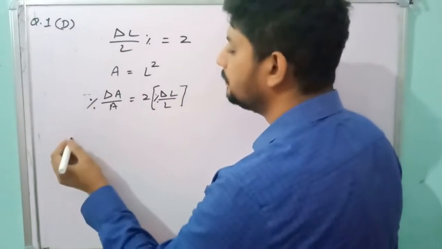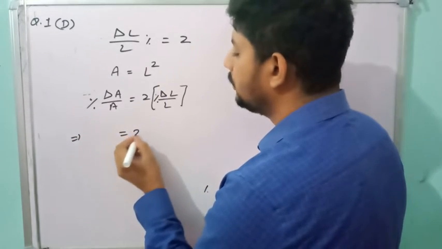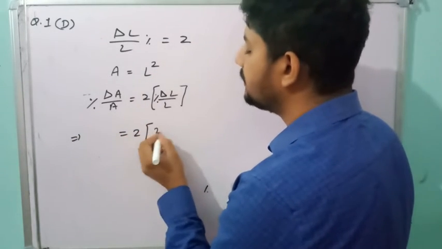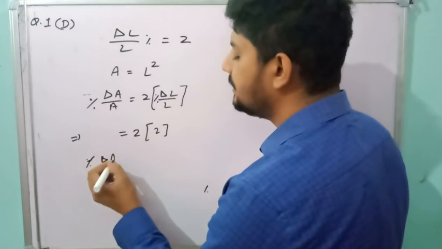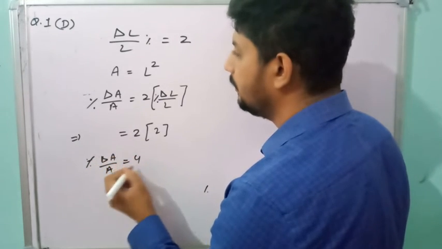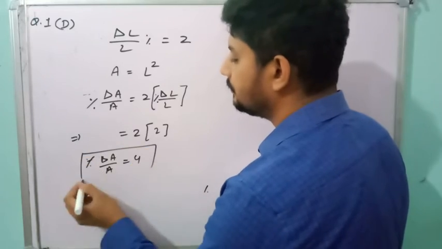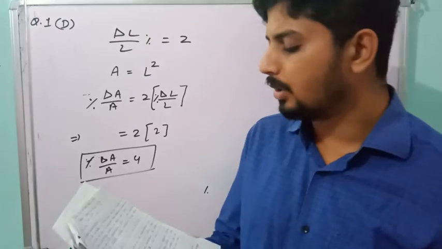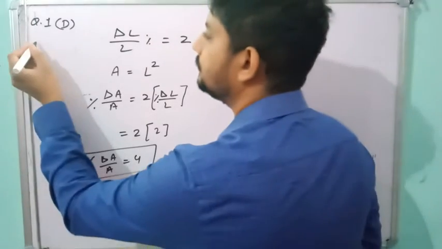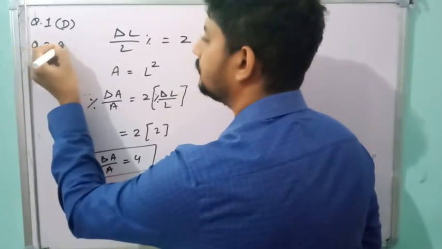The percentage error in length is given as 2, so the answer will be 4. So the percentage error in area is 4%. This will be your answer, so option A is correct.